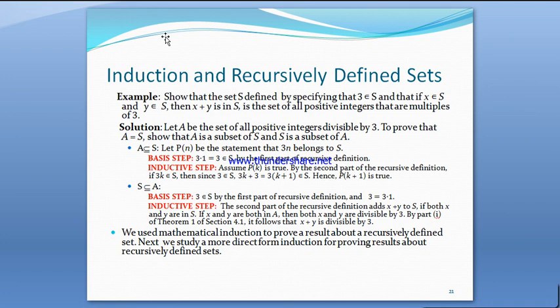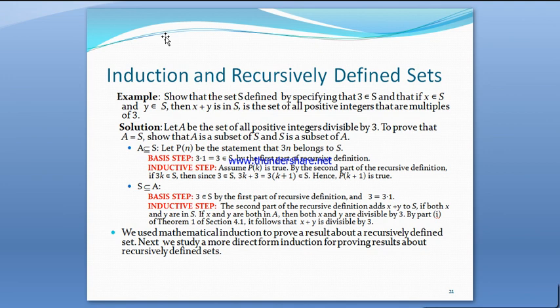A is a subset of S because if P(n) is the statement that 3n belongs to S, according to the basis step, 3 times 1 equals 3 belongs to S. So the first part of the recursive definition is true.